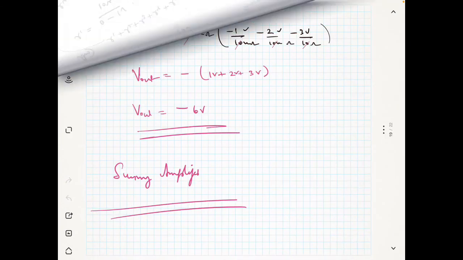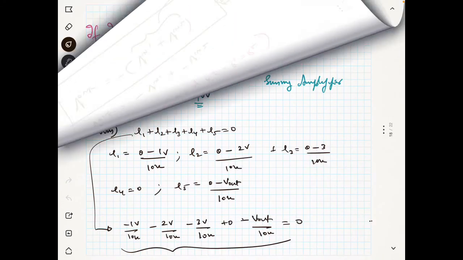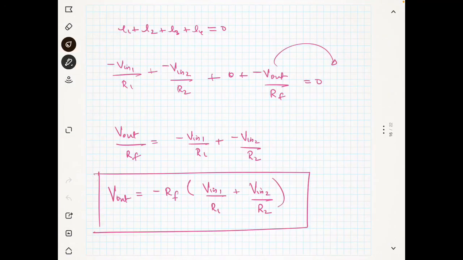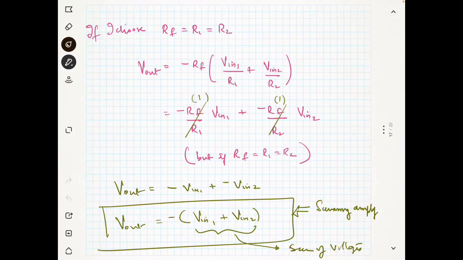I'm not going to write it again. This is V out is equal to minus RF by R1 into V in 1 plus minus RF by R2 into V in 2.